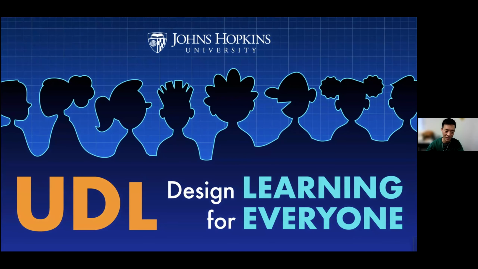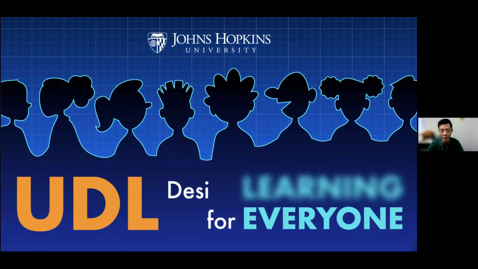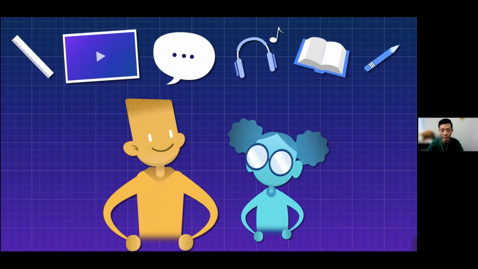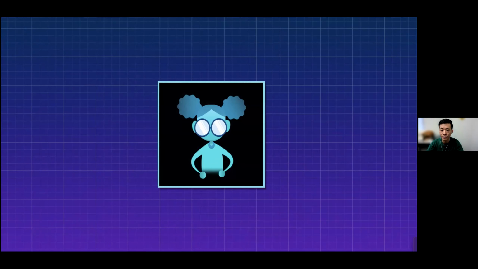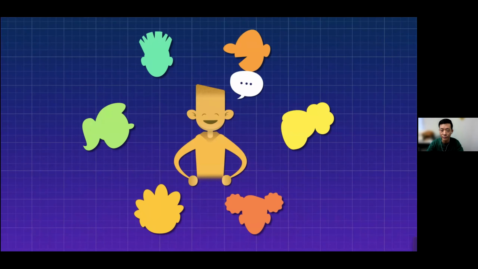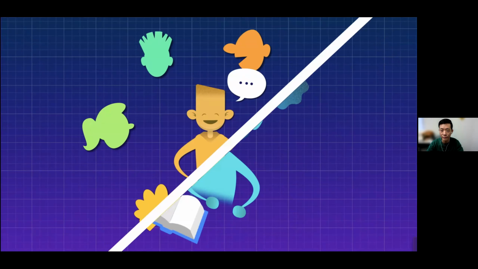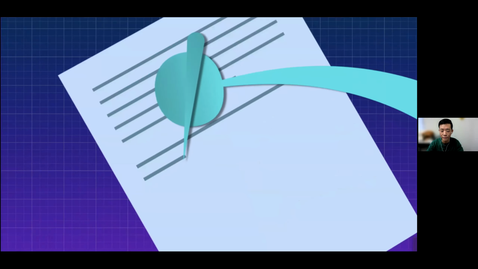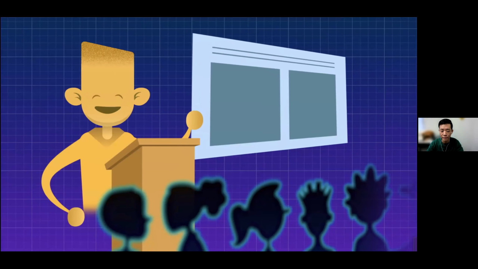Getting started with Universal Design for Learning. Design learning for everyone. To maximize the potential for learning, students need variety within their courses. Some students prefer to work alone, while others crave social interactions. Some might benefit more from reading text, while others prefer to listen to an audio recording. Some might prefer to write a paper, while others demonstrate their learning more effectively by creating a presentation.